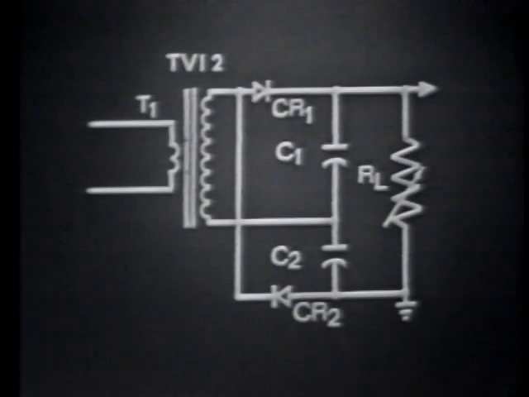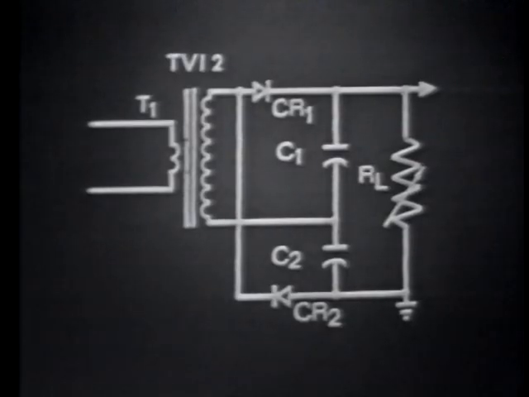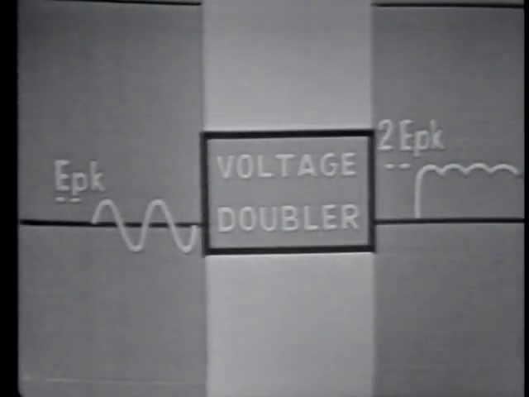The reason is that the output voltage is developed across C1 and C2 in series. Also important in the voltage doubler circuit that we discussed is the output ripple frequency, which we learned was twice that of the input frequency. And the reason it's twice the input frequency is because the voltage doubler used full-wave rectifying action, thereby developing an output pulse on both the positive and negative alternations of the input signal.